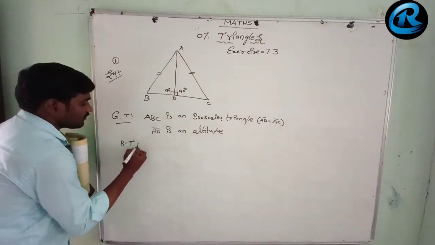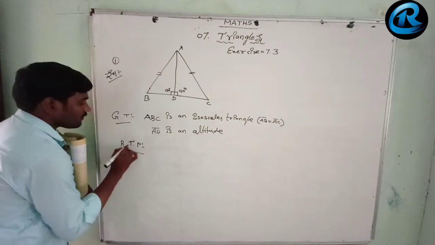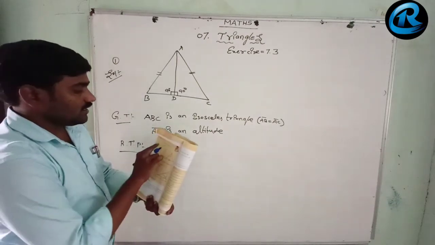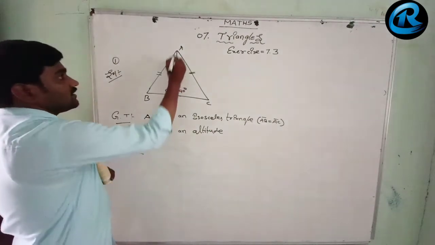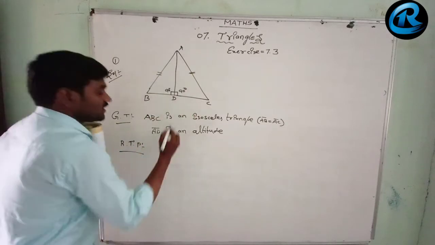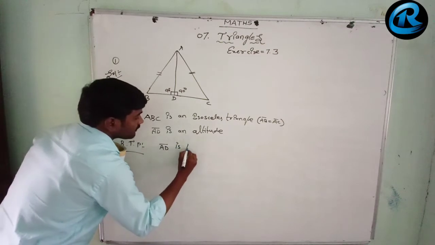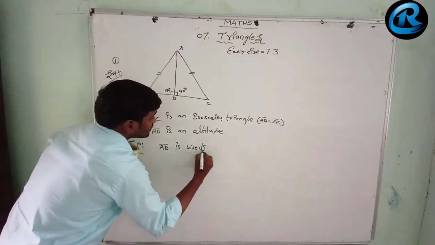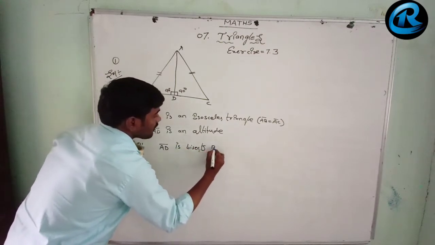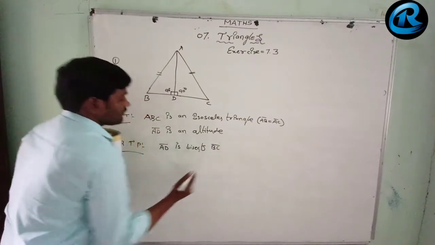Then here we have to prove, RTP, required to prove: AD bisects BC.